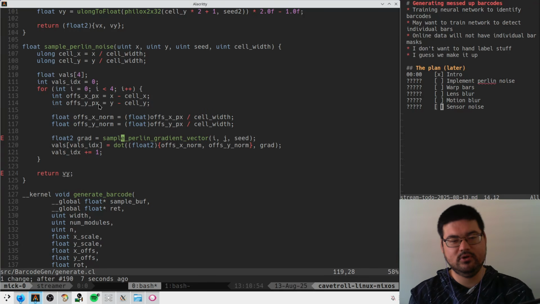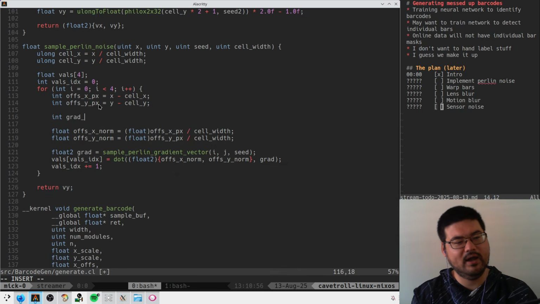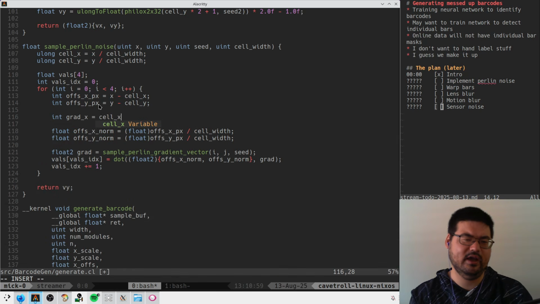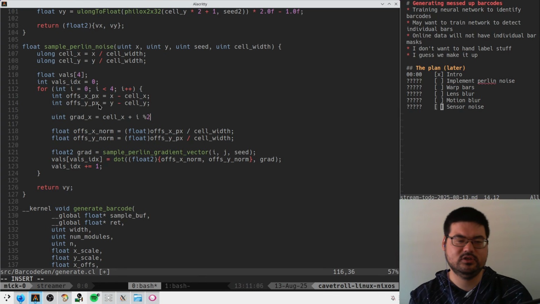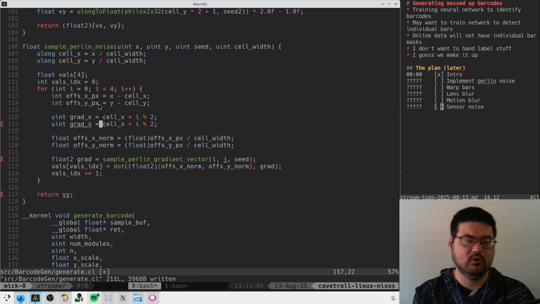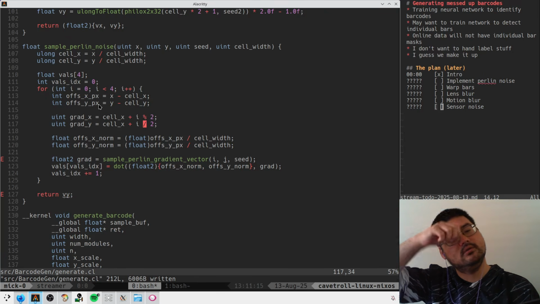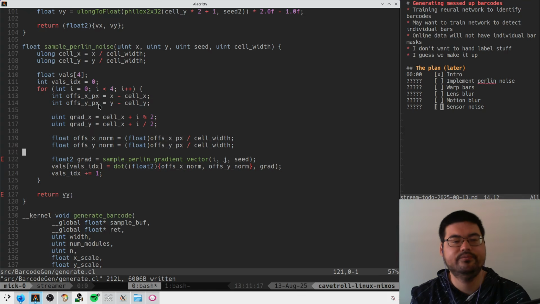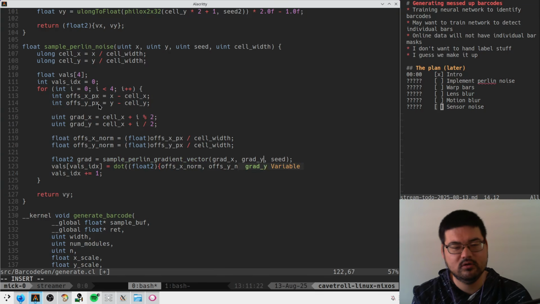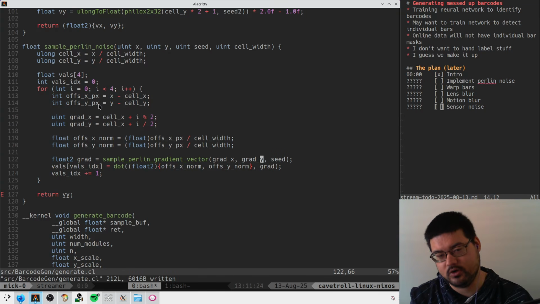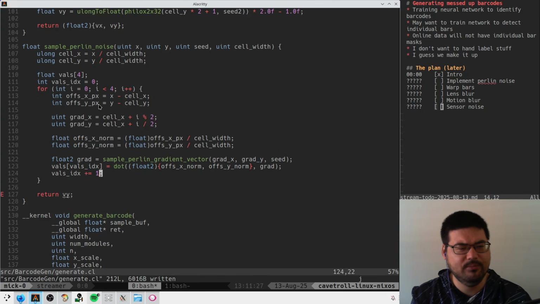So we sample grad x is cell x plus i % 2, and grad y is cell y plus i over 2. I think something like this, right? And then we use grad x and grad y here. I don't know, man.